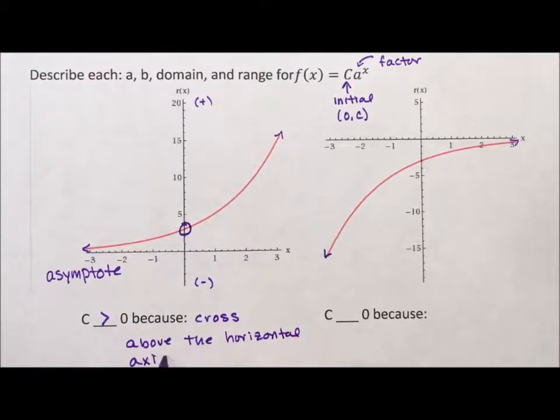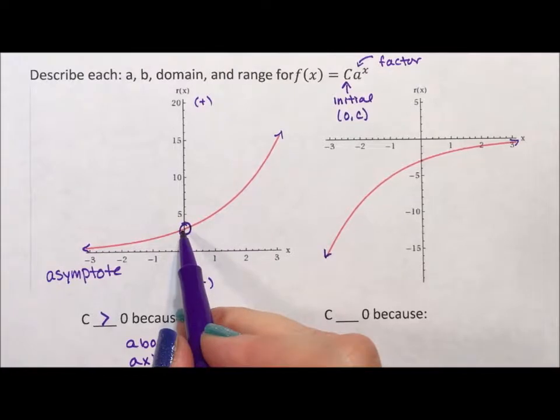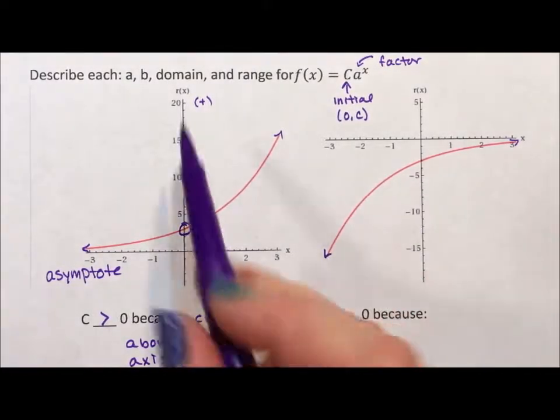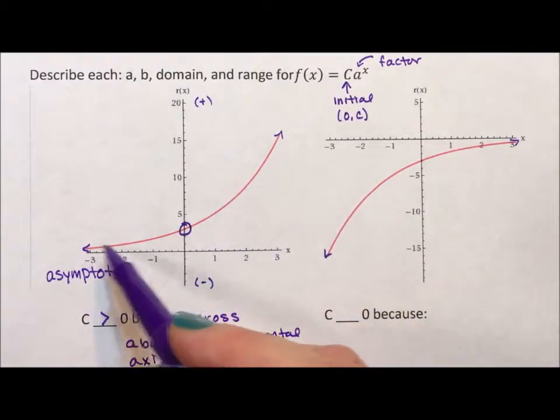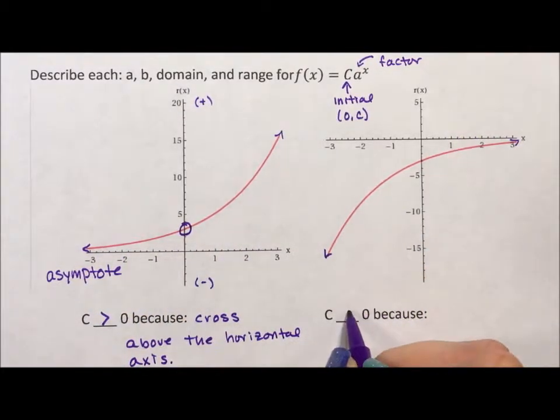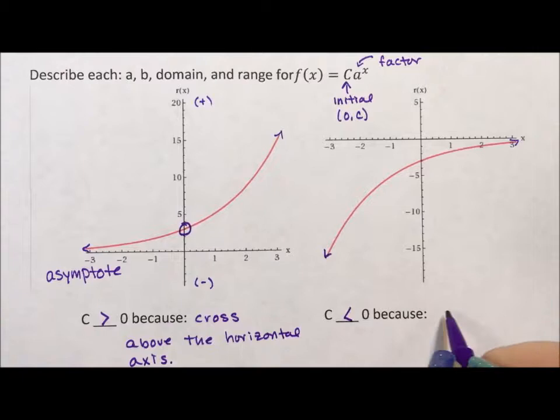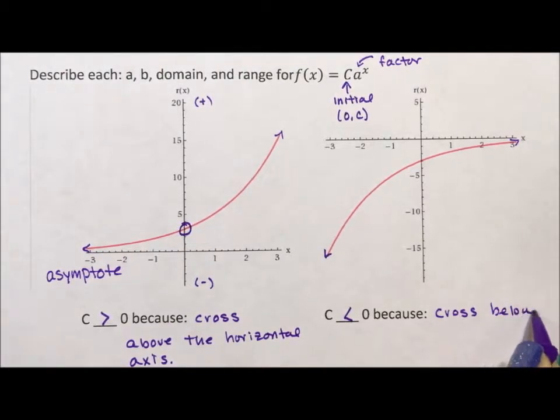Now, notice I'm not saying that because c equals 3. We're not trying to get that specific. I don't need the numbers in here. What I really need is the general pattern of what's going on, versus this one where c is less than 0 because we cross below the horizontal axis.